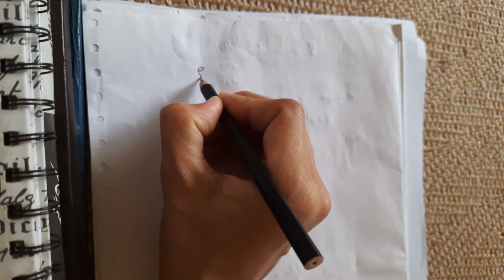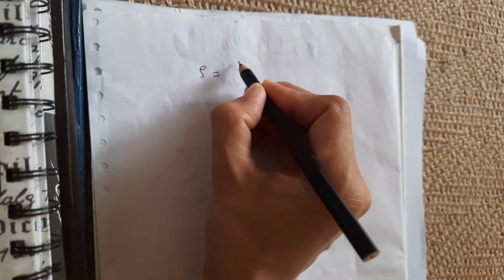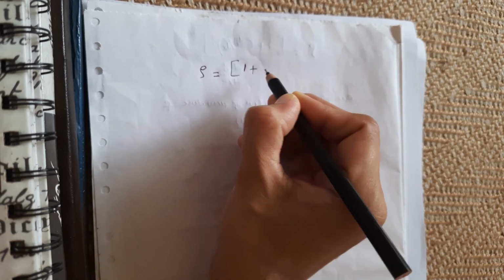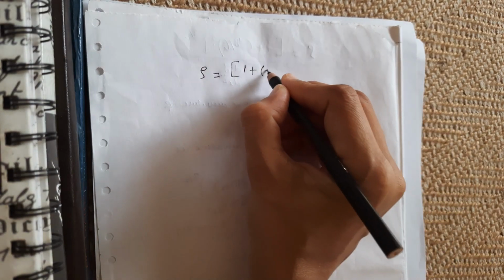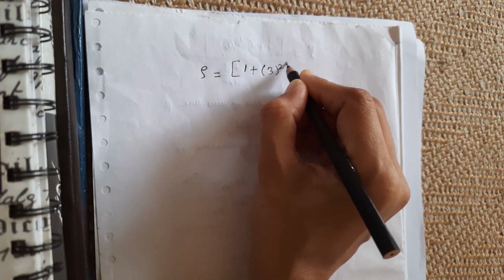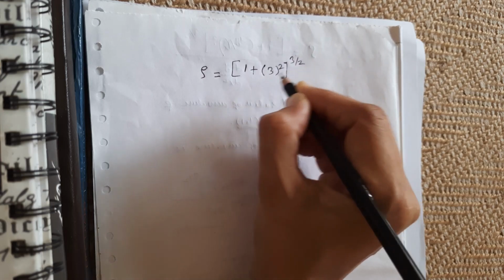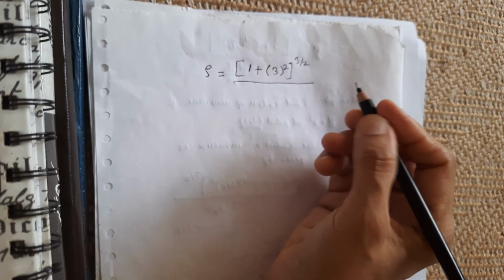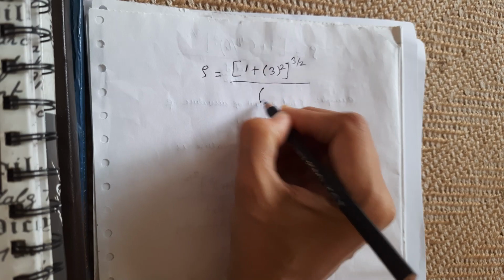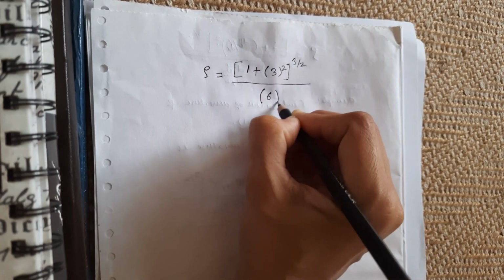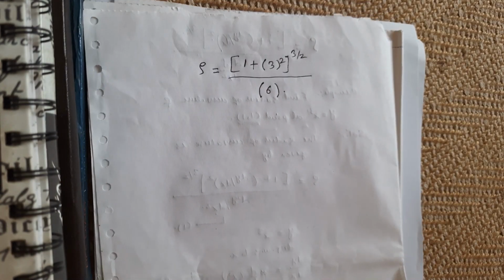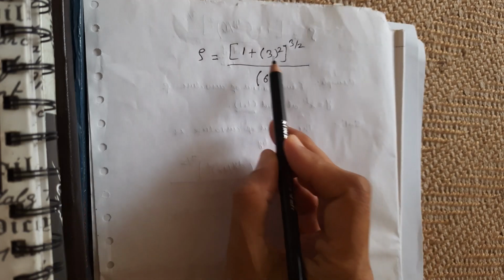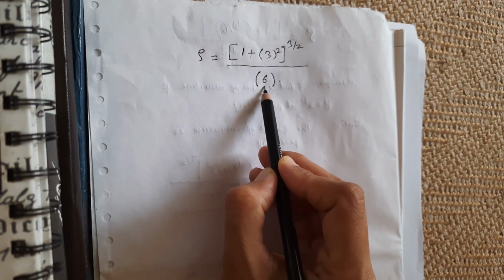So the radius of curvature rho equals (1 plus 3 square) to the power 3 by 2, upon d2y by dx square, which is 6. I just substitute the values of dy by dx and d2y by dx square, nothing fancy.